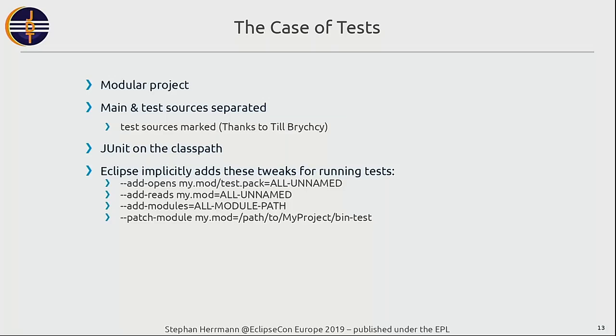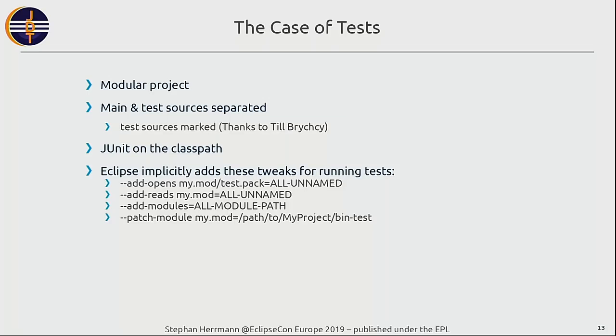And I should say a very big thanks to Till Brüchzi, who implemented in time for the Java 9 release that we have in JDT this separation between main sources and test sources. And only when preparing for this presentation, I recognized how vital this is for actually using the whole thing.